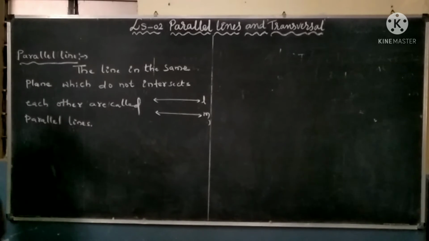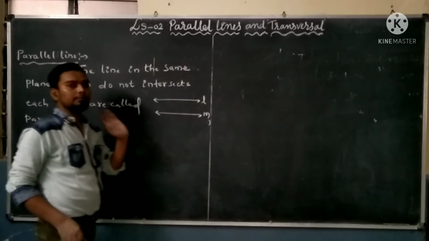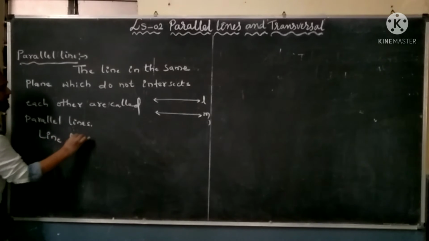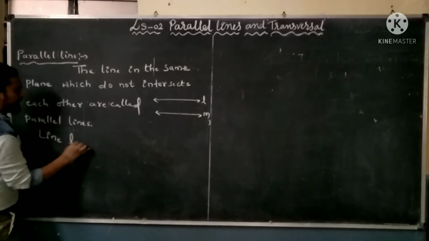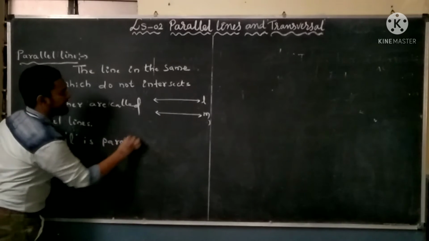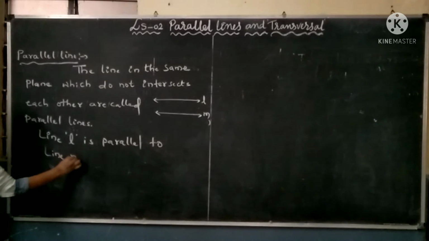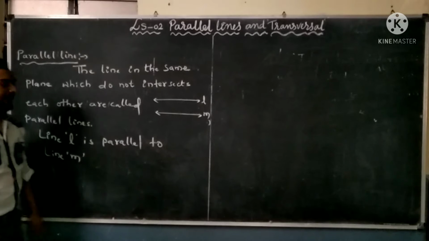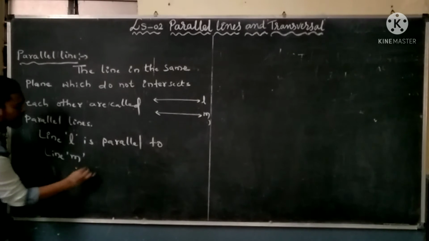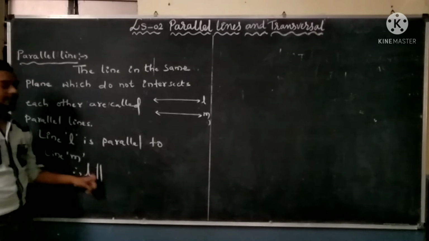Okay. Here, L is parallel to M. Here line L is parallel to line M. Line L is parallel to line M. This is the sign of parallel.